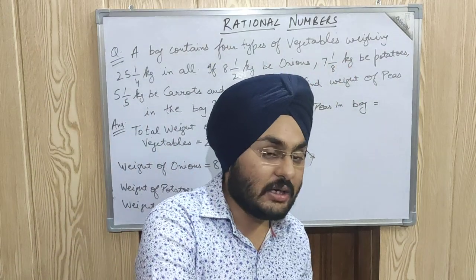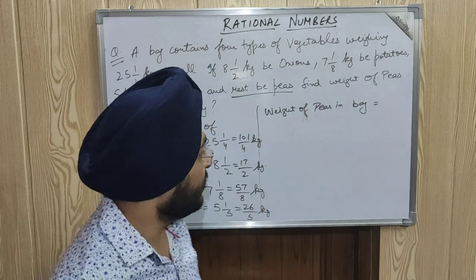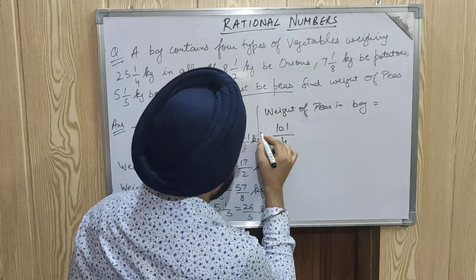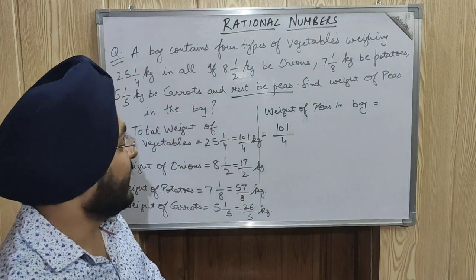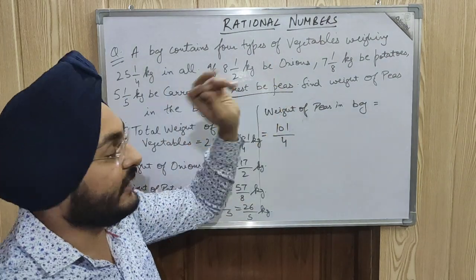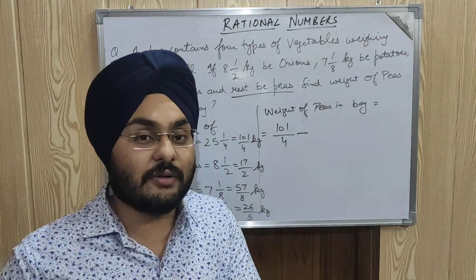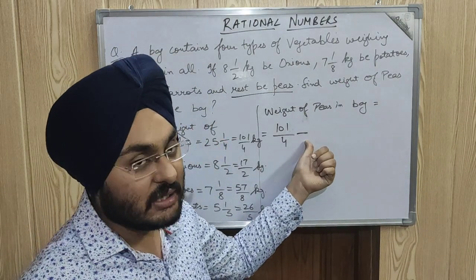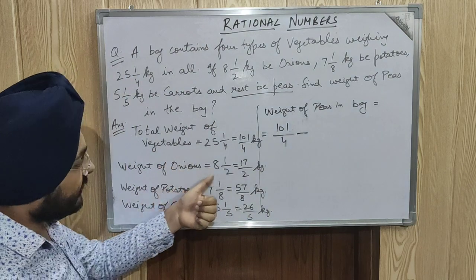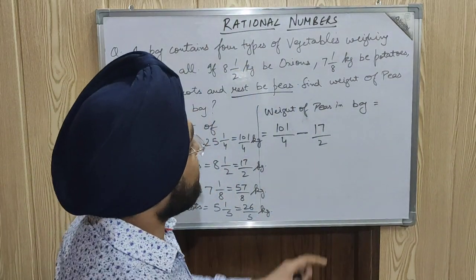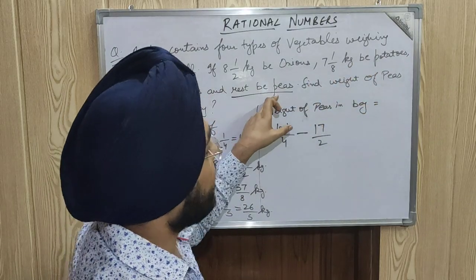I am writing the total weight here. So total weight is 101 by 4. Firstly, I will be removing the onions from these vegetables. Removing means I have taken out, which means that will be followed with the negative sign. So that will be 17 by 2. Now we are left with just potatoes, carrots and peas.